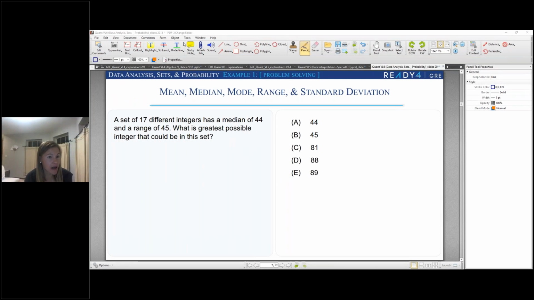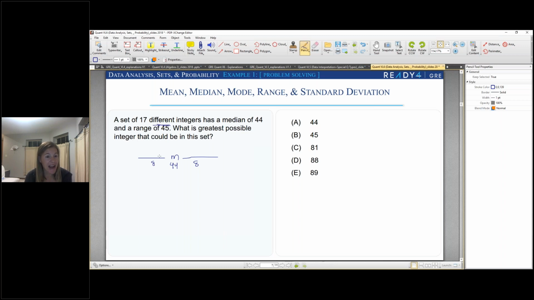We've got the set of 17 integers. It has a median of 44 and a range of 45. Okay, so 17 integers. That means we've got 8 below, 8 above, and then this is going to be our median. So this is 44. It's telling us we have different integers.